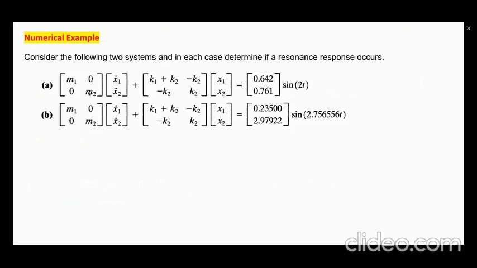All right, so let's take these 2 cases. We have a problem like that. The right-hand side is harmonic, with frequency 2 radians per second. Case B is a different load vector, you can see that, times a frequency which is right here. Now, this is not the same example that we were doing before. Remember, we looked at one example where the frequencies were 2 and square root of 2.